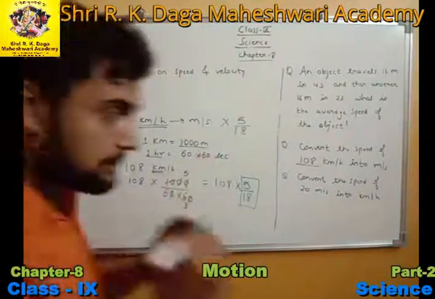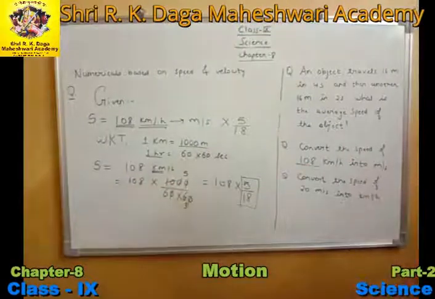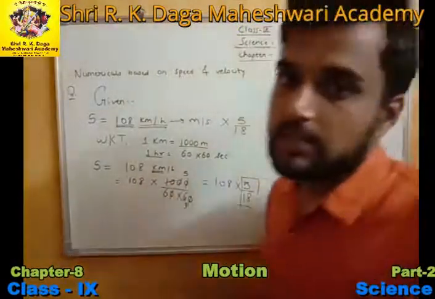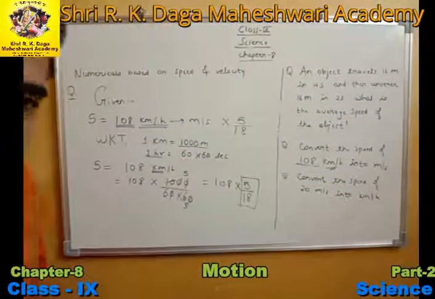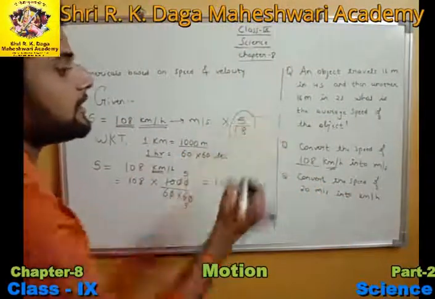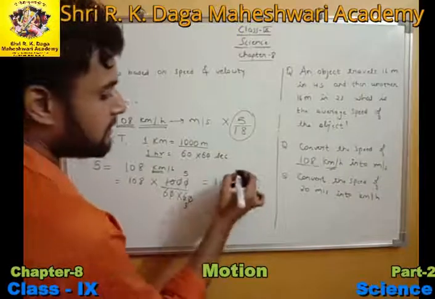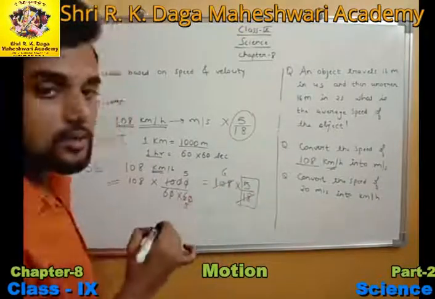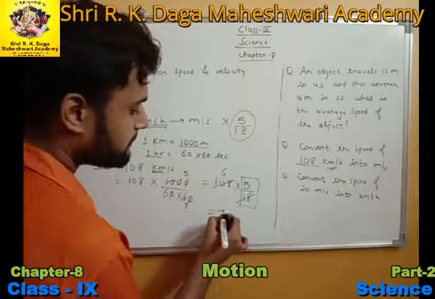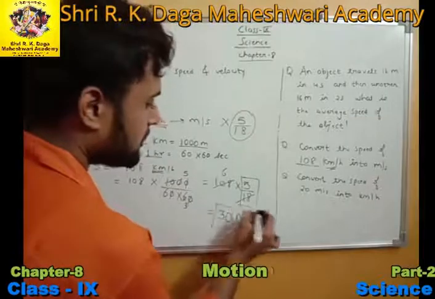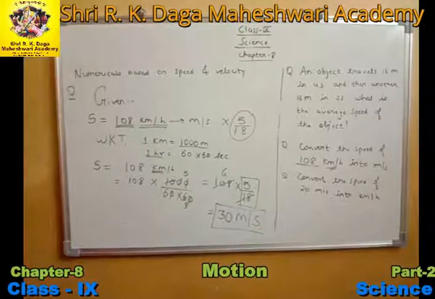Okay, so keep it in mind that whenever we have to convert the speed of kilometer per hour into meter per second, we have to multiply that speed with 5 by 18. So on solving, what do we get from here? 18 6s are 108 and 6 5s are 30 meter per second.